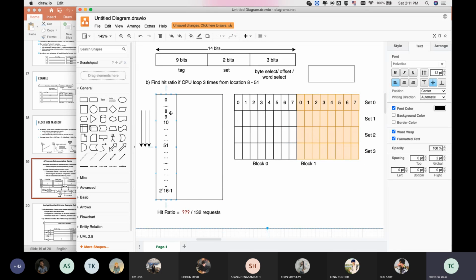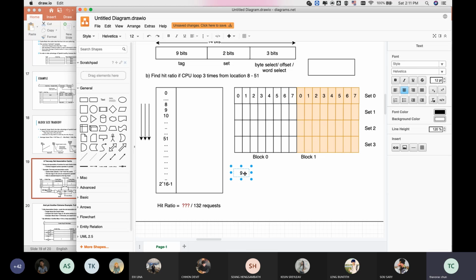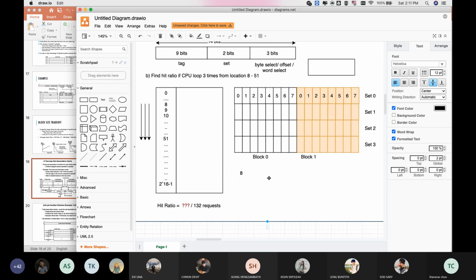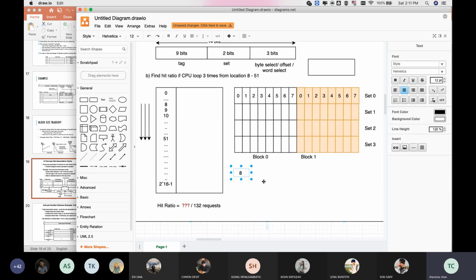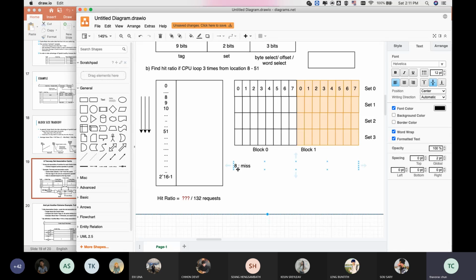So when the CPU makes a request to address number 8, we are sure that number 8 does not exist inside our cache, because we assume the cache contains nothing. So address 8 is a miss.